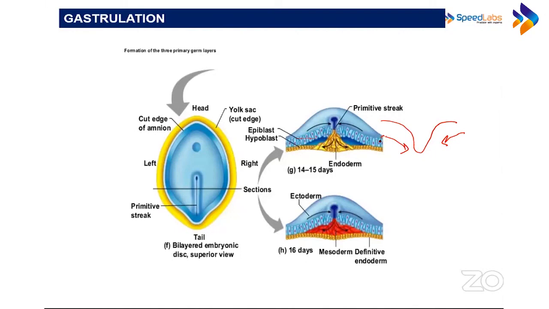These are the cells of the epiblast, embryonic epiblast. And what is this? This is the amniotic cavity, जो already इसको surround करेगा.